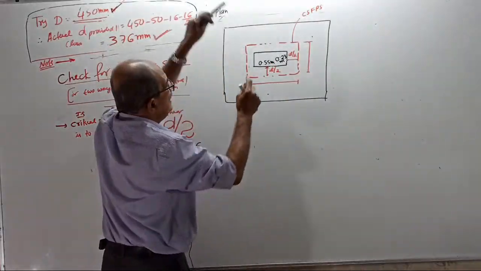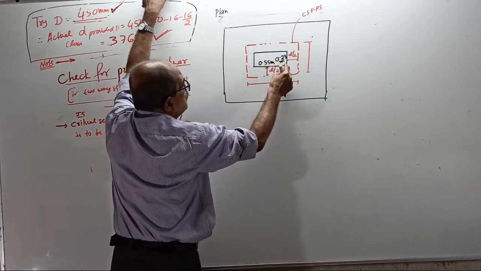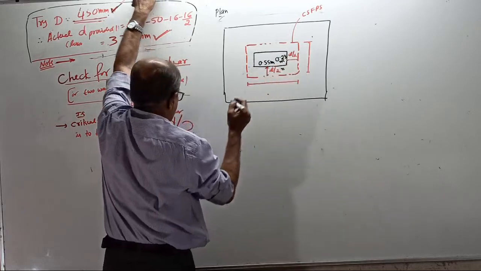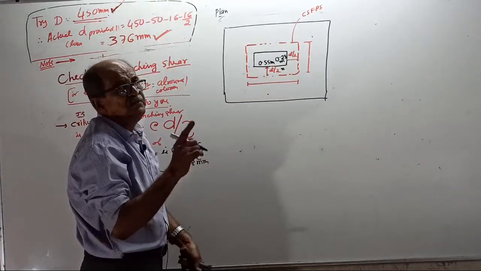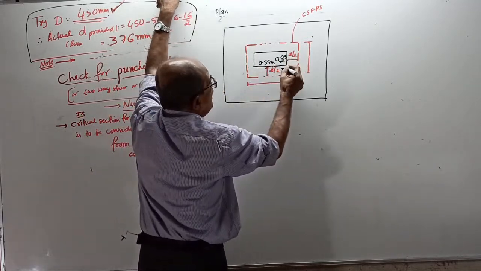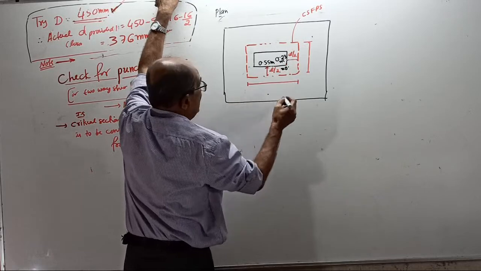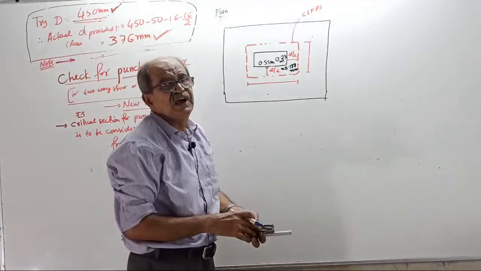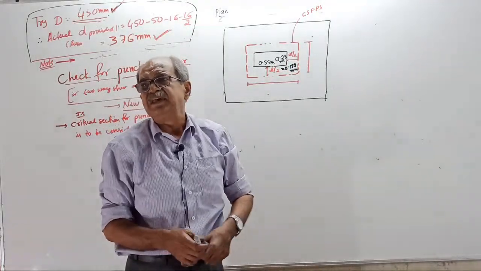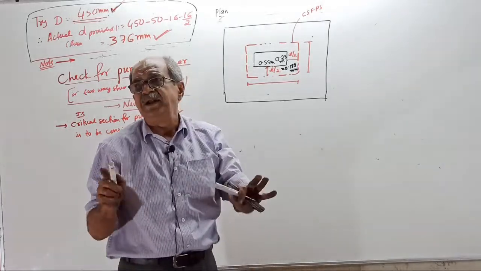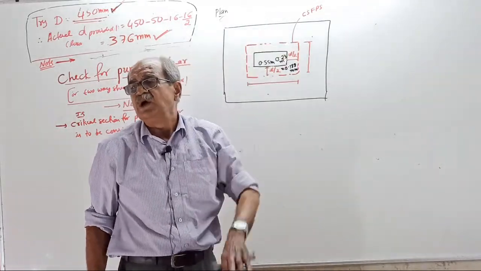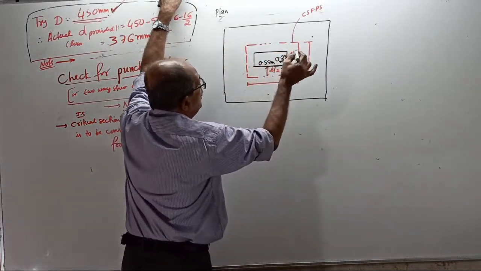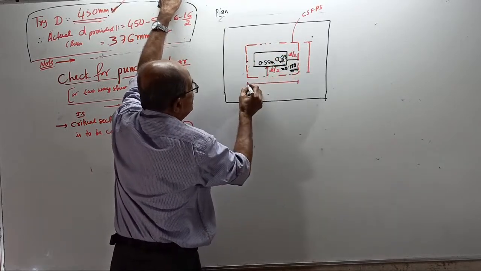How to find? 0.55 plus d by 2 plus d by 2. You want d by 2 in meters, so 0.188 meter. When you go for punching shear force calculation, pressure is in kilonewton per meter square, so you use meters. When you go for stress calculation, use millimeters. This is 0.55, and d by 2 here and d by 2 here. Tell this answer fast.